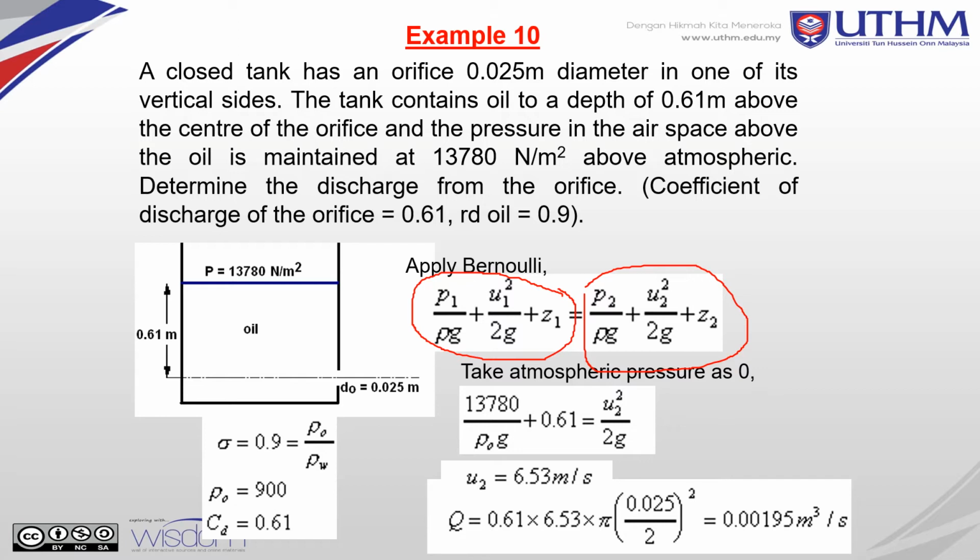After you get this velocity, you use it to find the discharge. Q is equal to A times V, so you get this value.